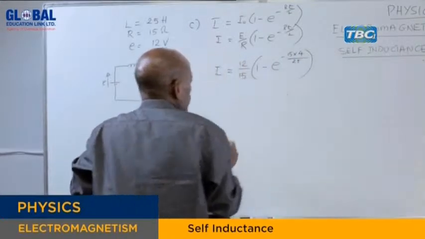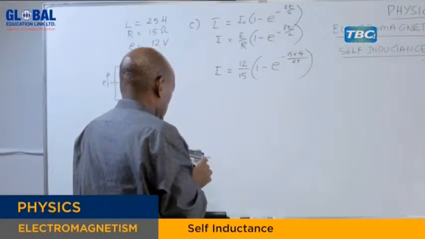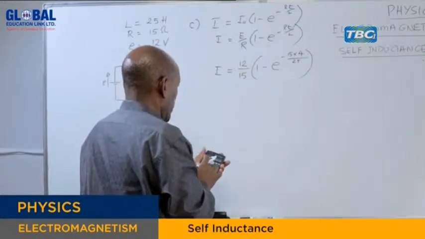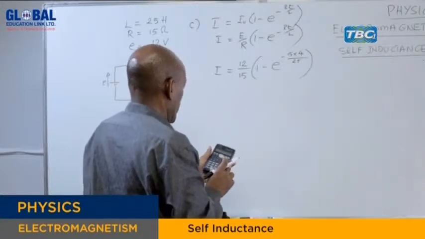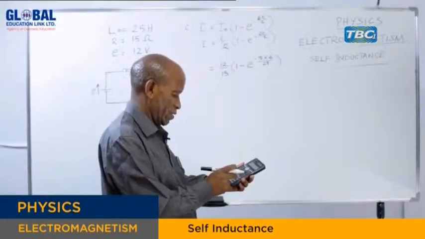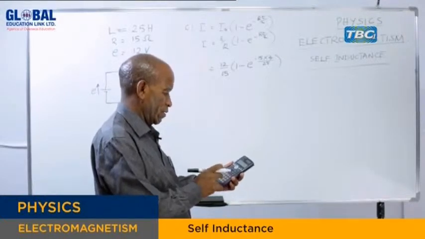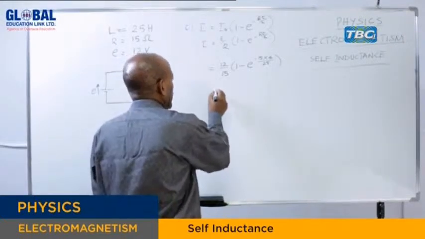So we just have to compute for that. So if we compute, we have 12 divided by 15. This is 0.8.